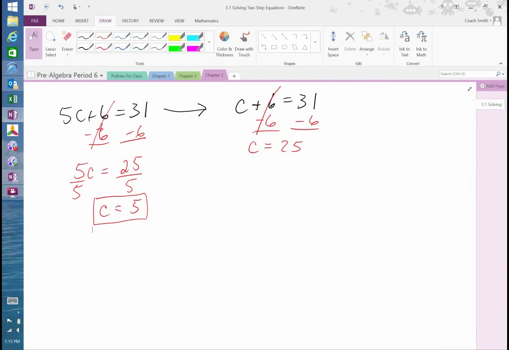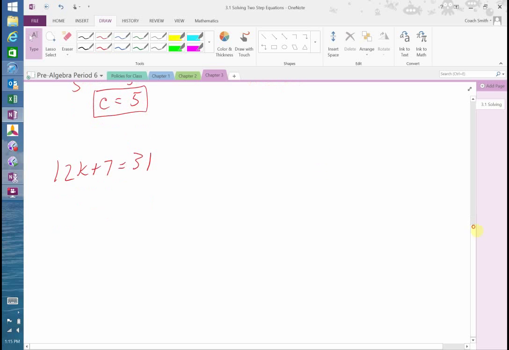All right, let's look at another one. 12k plus 7 equal 31. So we have to do the inverse of that, which is minus 7 to both sides.